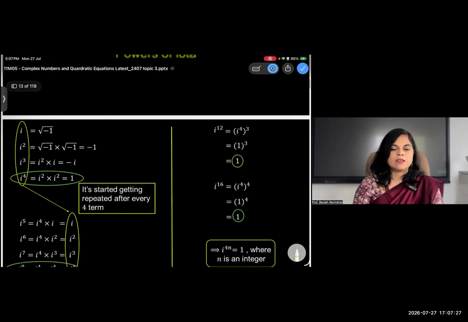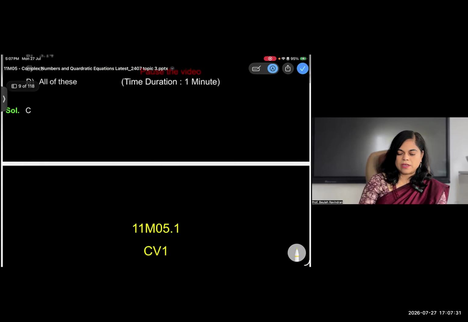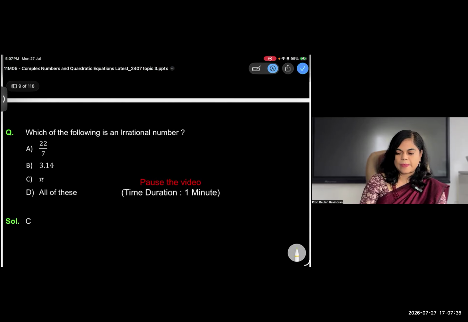Let me teach you about the complex number. What is the complex number? It is the combination of both the real number as well as the imaginary number.